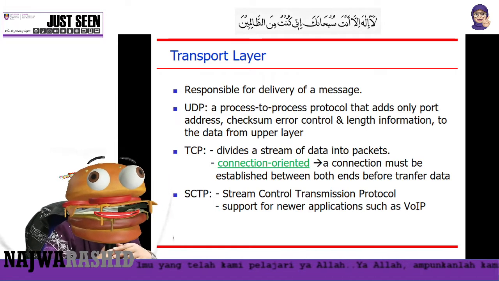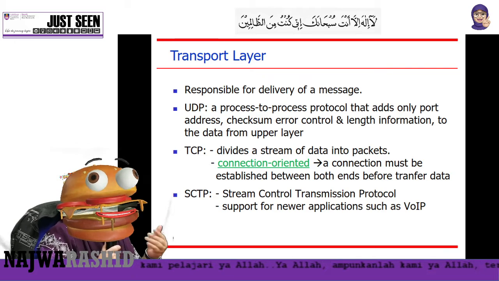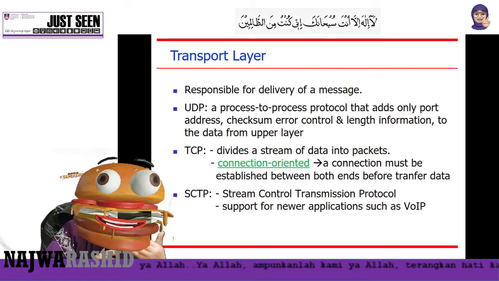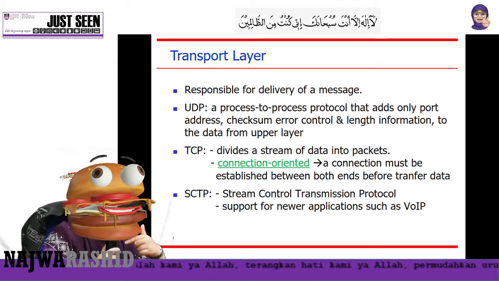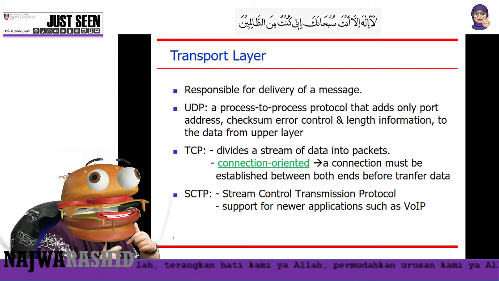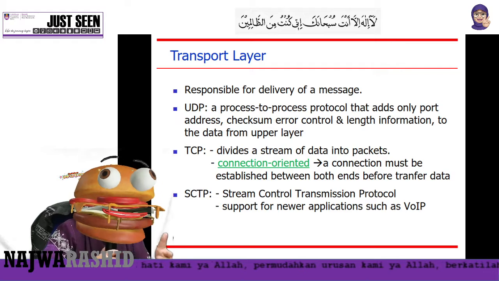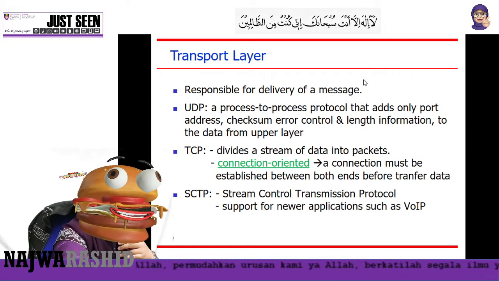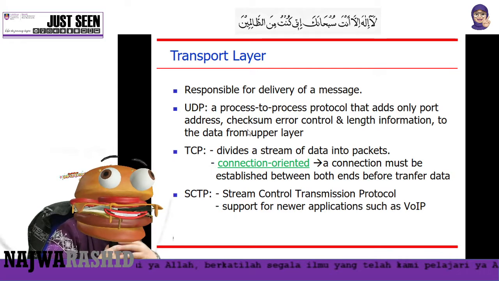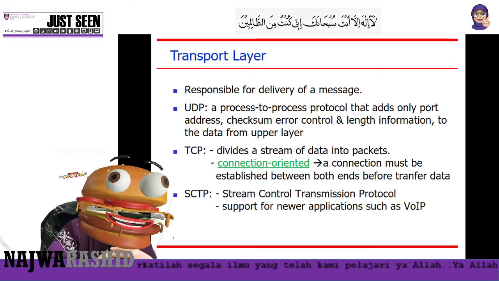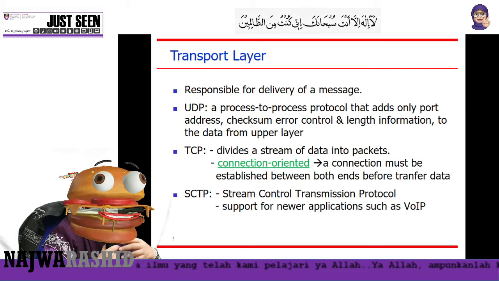First look at UDP, a process-to-process protocol that adds only port address, checksum error control, and length information to the data from the upper layer. So those are the information added into the datagram or message that you want to deliver.